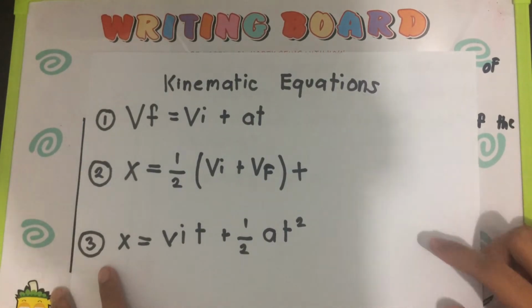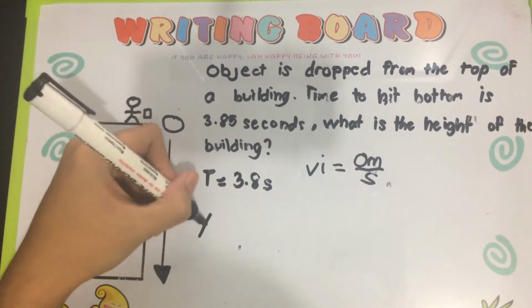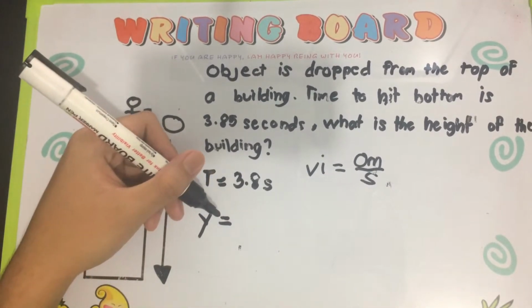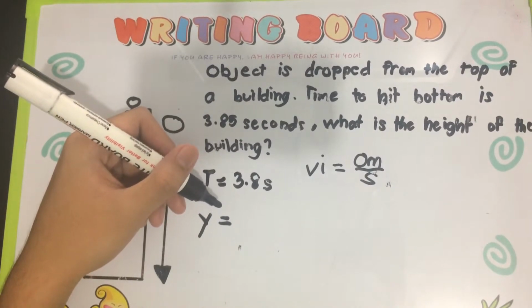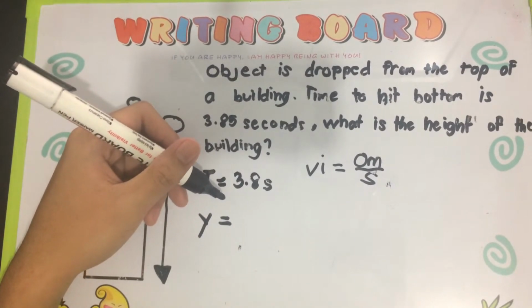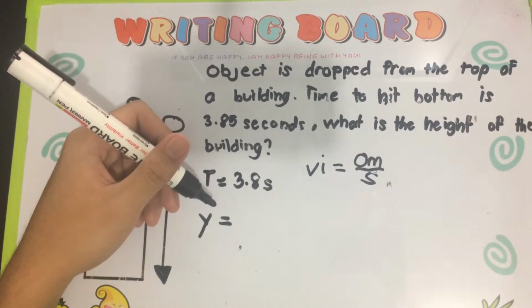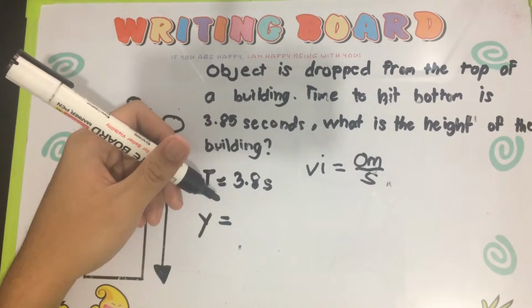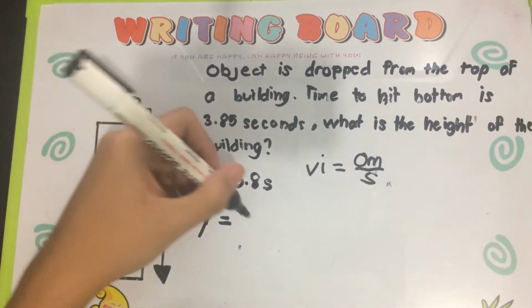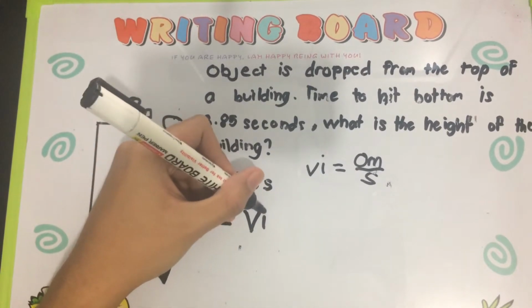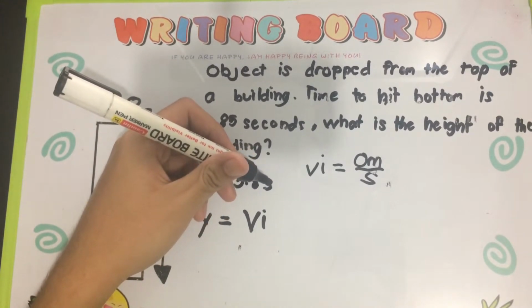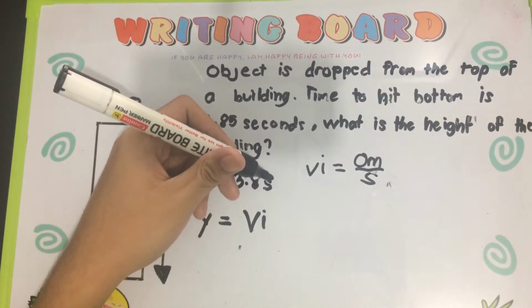So let's go ahead. Now I will put y down here because that is the direction that we're going in. Now let's look carefully at what we know. It looks a little complicated, but we know here that the initial velocity is 0, and vi times t is 0 times the time, and that means that this whole term is going to be 0.